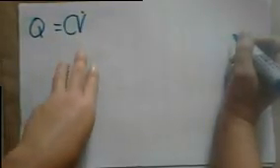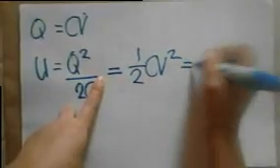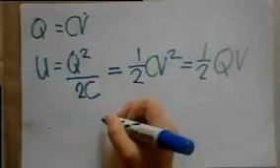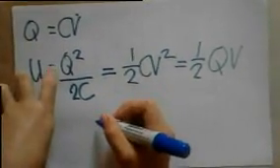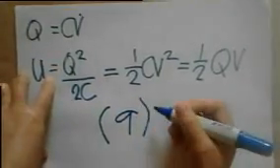So we can express U, which is equal to W, as U equals Q squared over 2C, from our equation 8, which equals 1/2 CV squared, which equals 1/2 QV. These are now the formulas for the potential energy stored in a capacitor, and we can denote this as our equation 9.